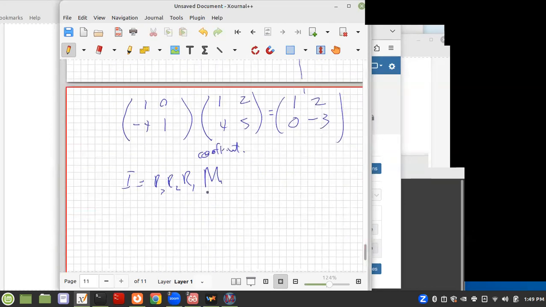Now, I suppose I could mock this up in the following way. I could do M minus identity times B. If I have MX equals B, I could take it as MX minus identity B equals 0.